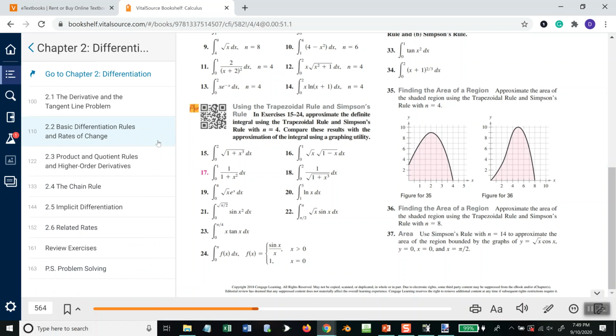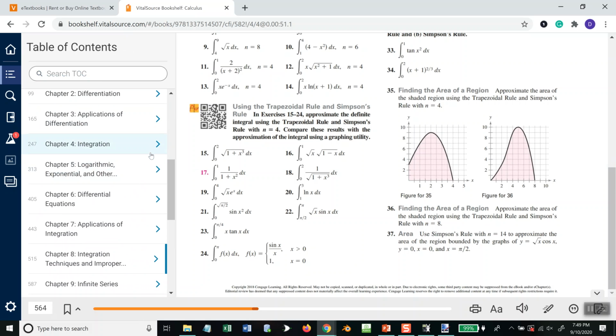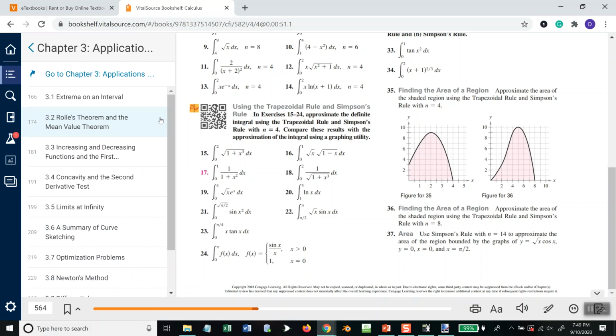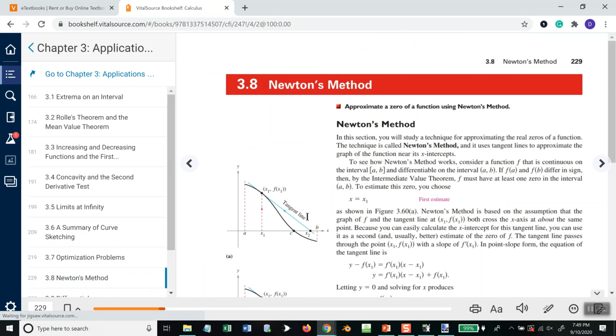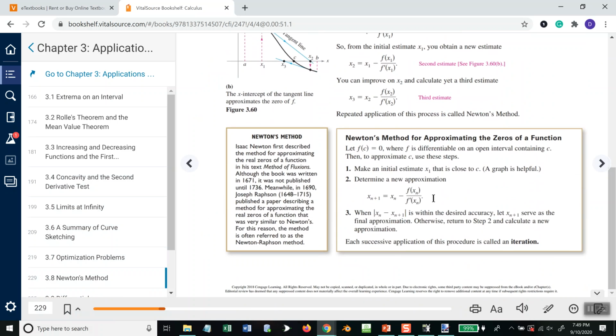Let's see. Not there. Assuming they haven't taken it out of the book. There it is, Newton's method. Remember Newton's method? No. What is it? It's not Newton's method.